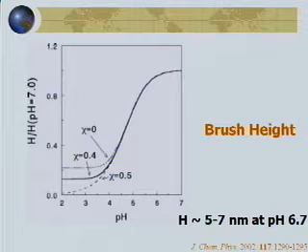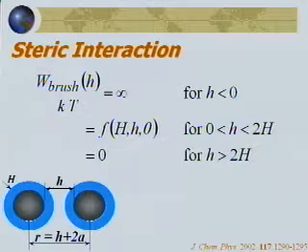And if we know the brush height, we can express the steric interaction as a function of brush height. So if you look at this chart, for a separation greater than twice the brush height, the polymer brushes are not touching each other, so there's no steric interaction.